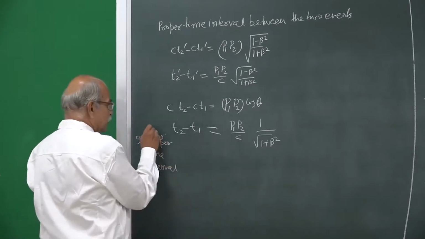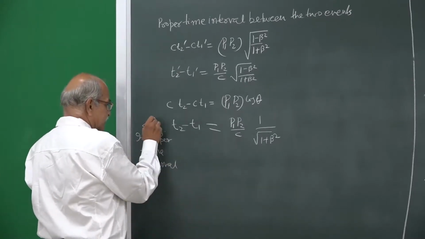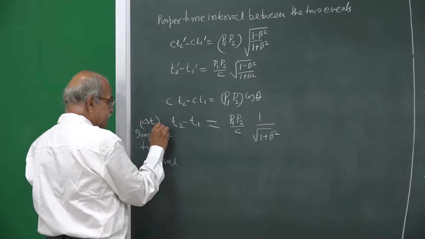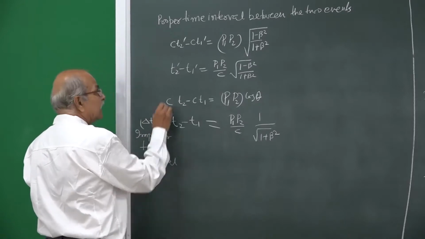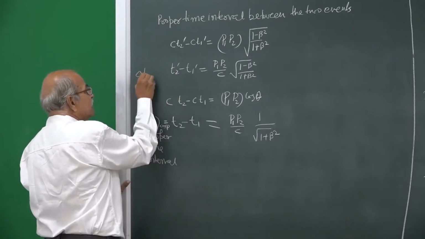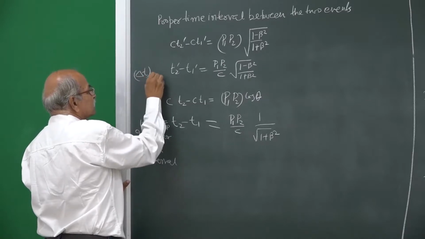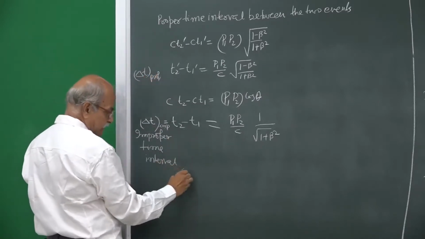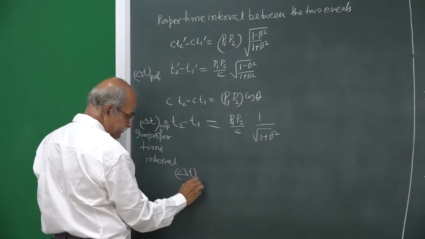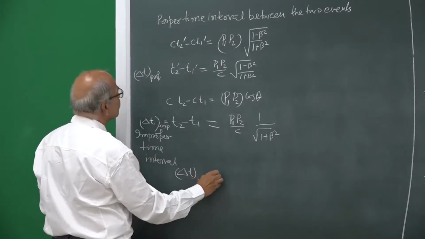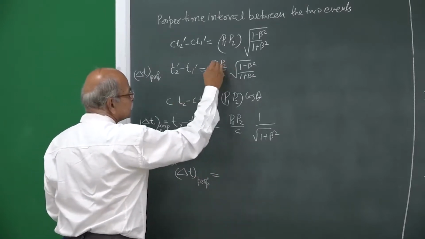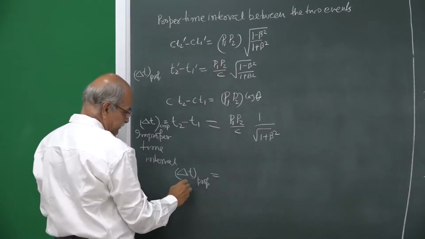So if you write this as delta t improper, and if you write this as delta t proper, what you get is, let me divide it.